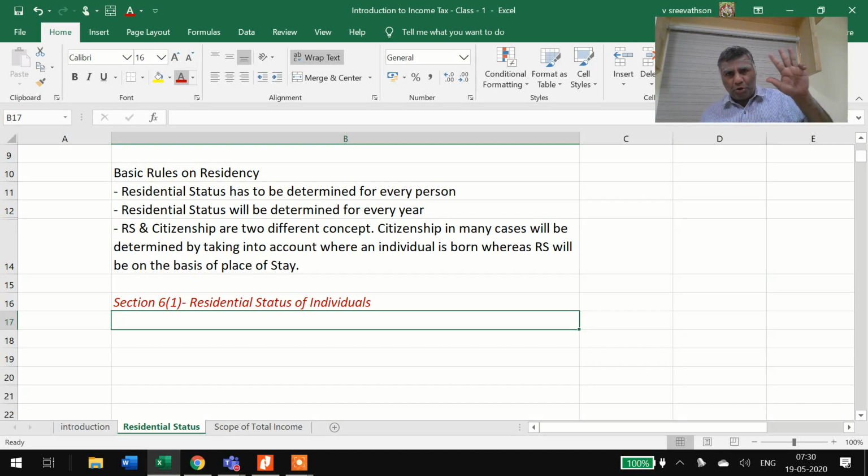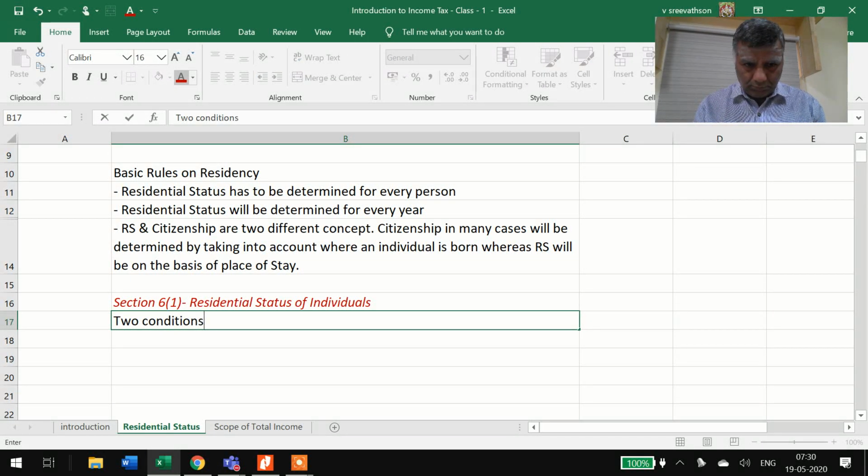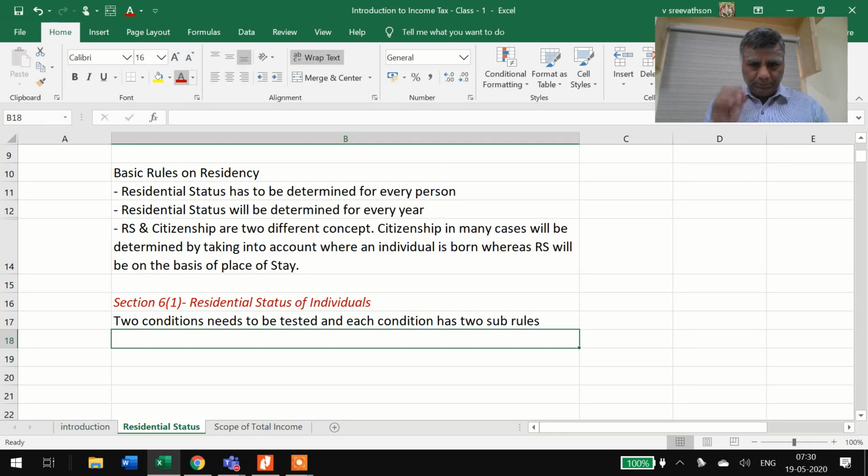So totally 4 rules are going to be tested to determine the RS of individuals. Basic condition.